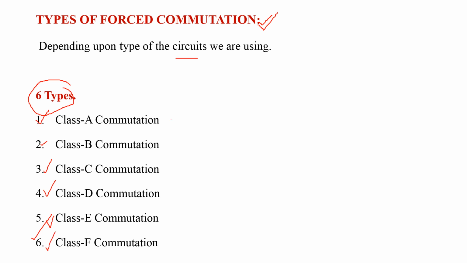From class A to class E, we use the input as DC voltage, and for class F commutation we use the input as AC supply. This is about the types of forced commutation.